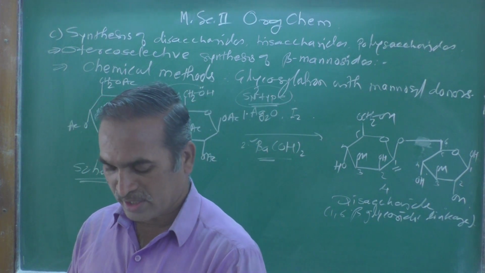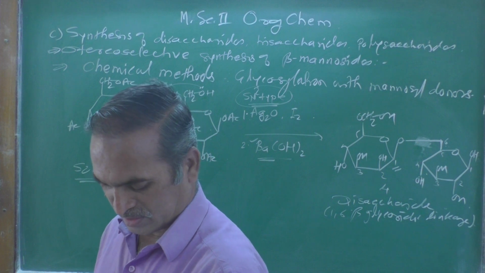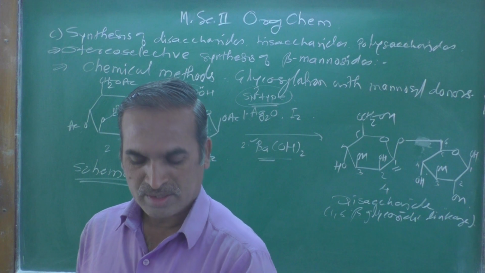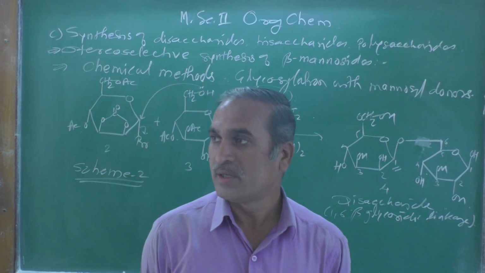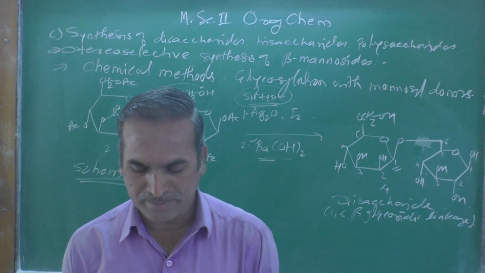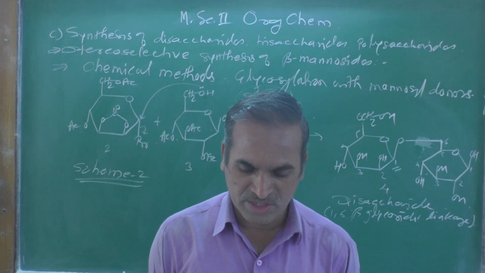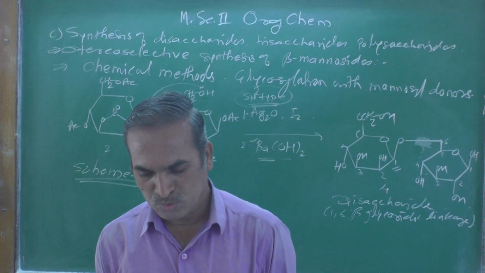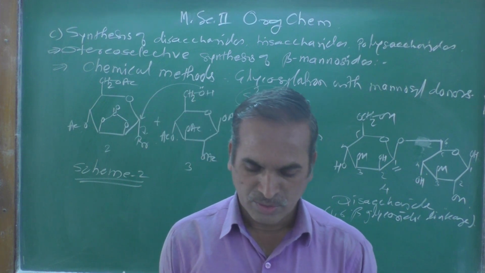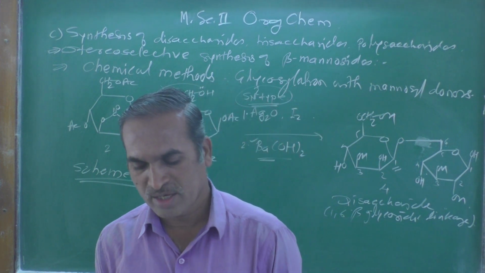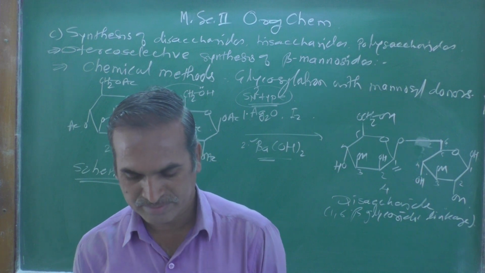Condensation with moderate nucleophiles proceeds in lower yield and with reduced beta selectivity. Interestingly, Ag2O assisted reaction of the carbonate 2 with weak nucleophiles gives exclusively alpha monosaccharides.